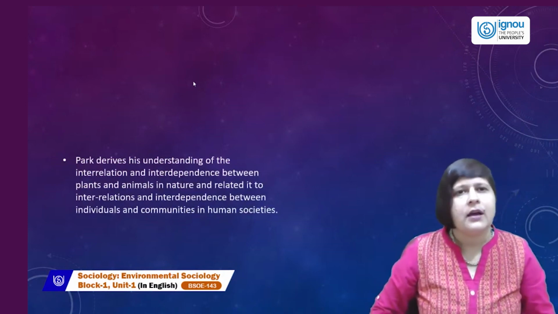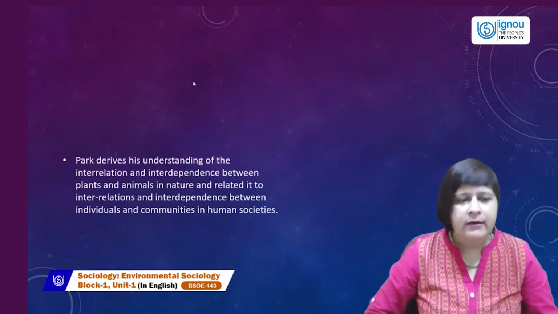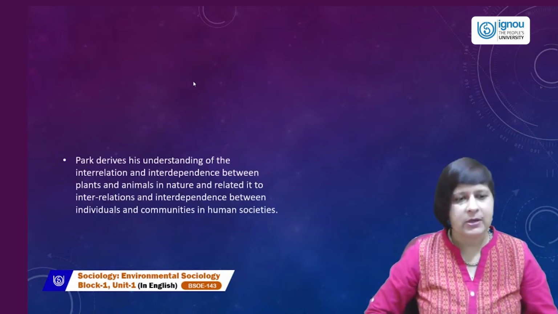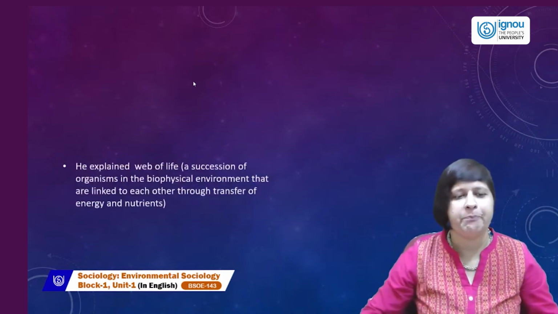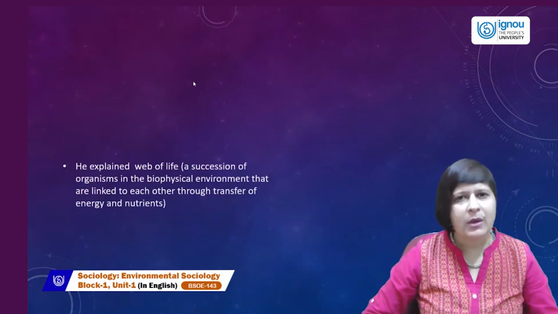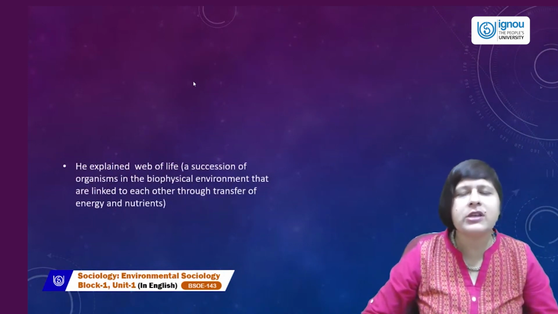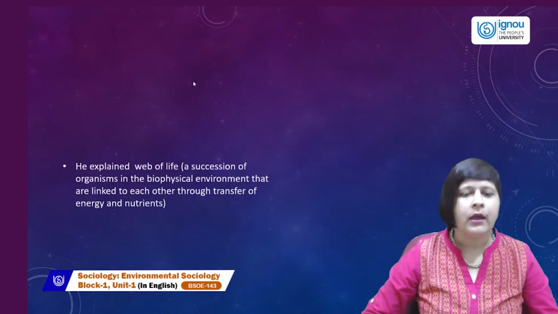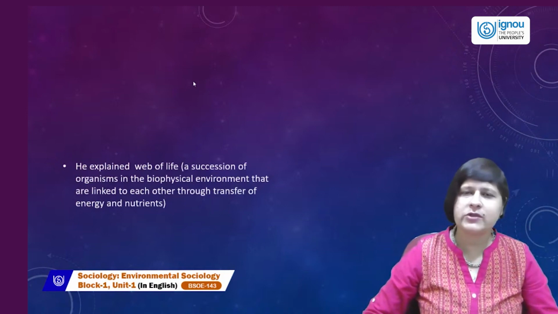Park derived his understanding of the interrelations and interdependence between plants and animals in nature, and related it to the interrelation and interdependence between individuals and communities in human society. He explained a web of life. What is the web of life? The web of life is a succession of organisms and the biophysical environment that are linked to each other through the transfer of energy and nutrients.